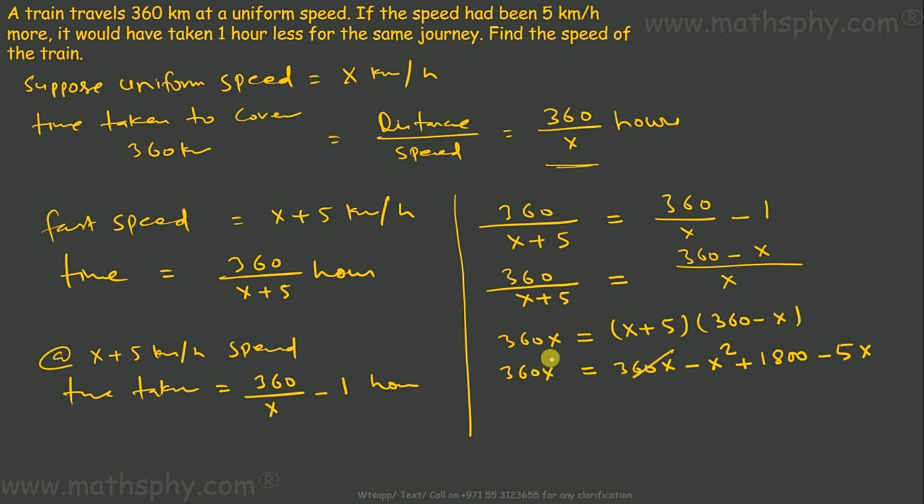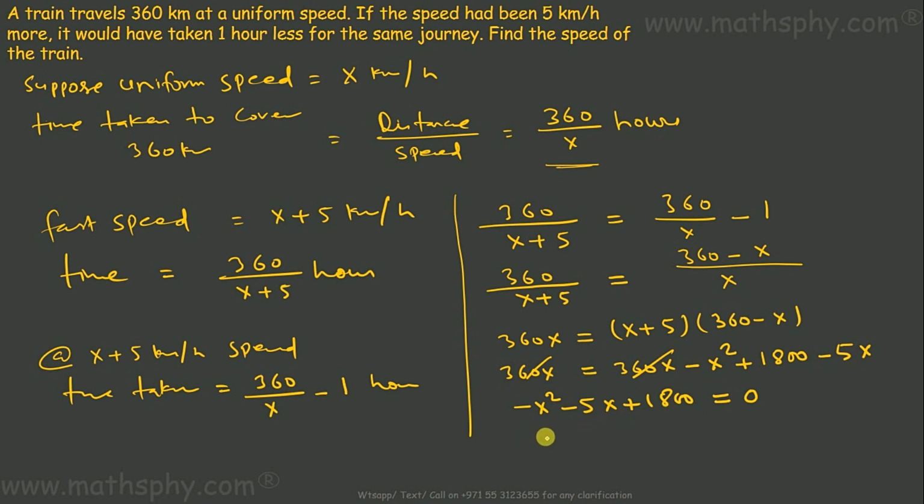This I can cancel, opposite sides, same signs. What I'm left with is negative x squared minus 5x plus 1800 equals 0.